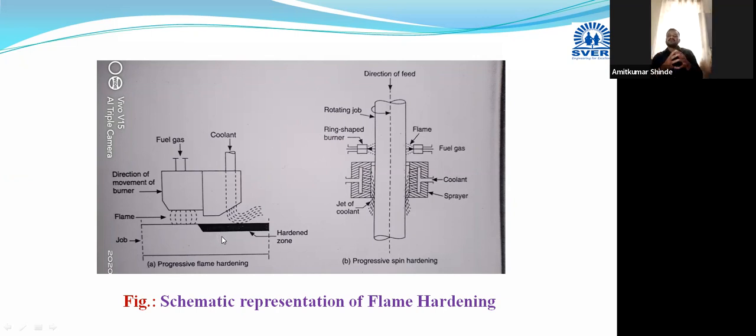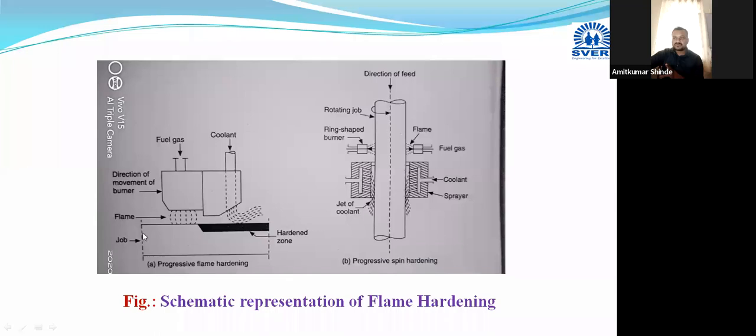As we heat the workpiece above its upper critical temperature, that is above A3 or above ACM, austenite will form, and after sufficient heating we directly quench it with water. Then the austenite gets transformed to martensite, and hardening of that surface is done.